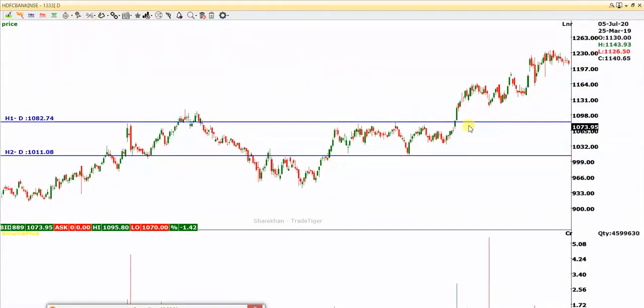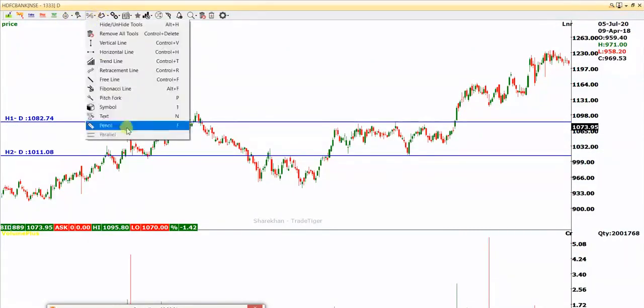So the breakout has happened here, right? Look at the volume bars here. Look at this particular volume bar. This is what I want.